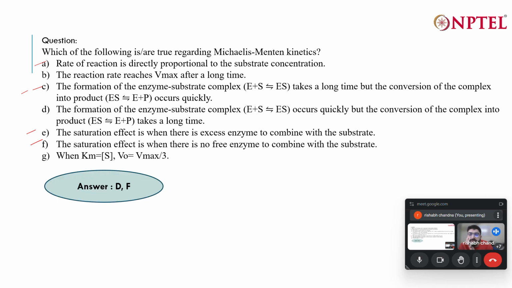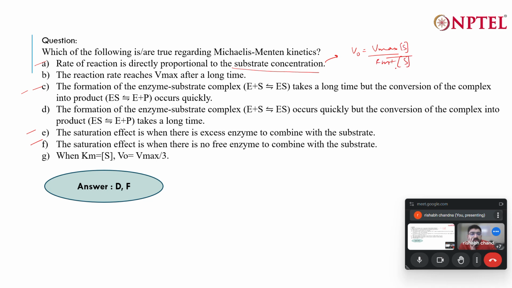So the correct answer is option D and option F. The rate of the reaction is directly proportional to the substrate concentration. Actually, this is not truly correct because when we calculate the rate of the reaction, it also depends upon the other terms.